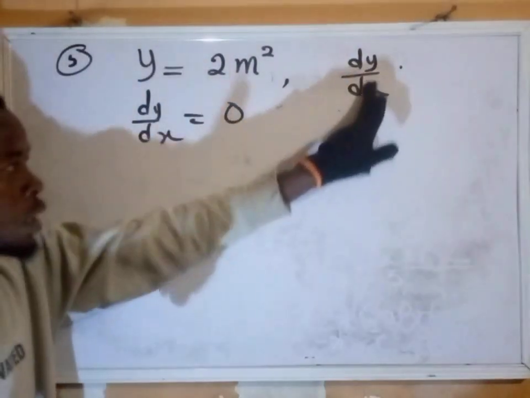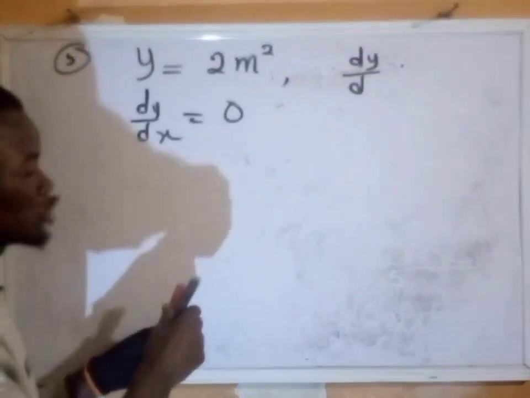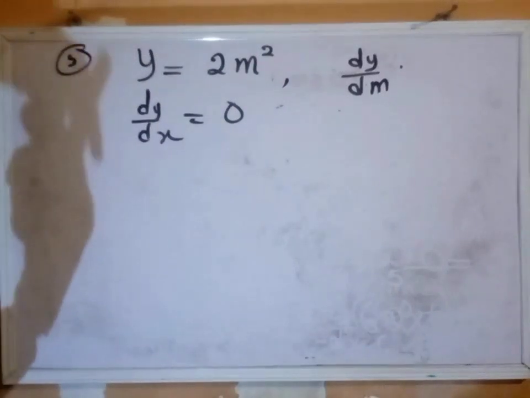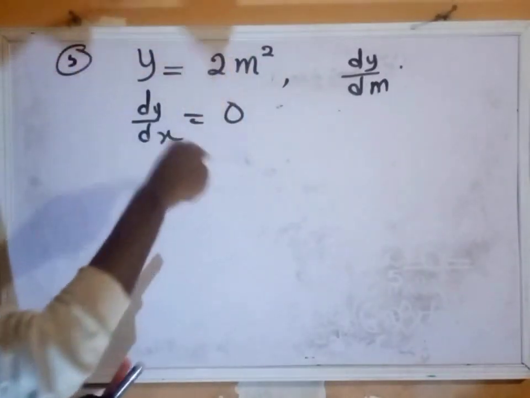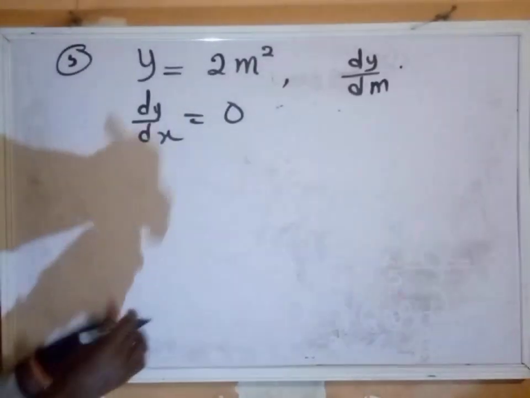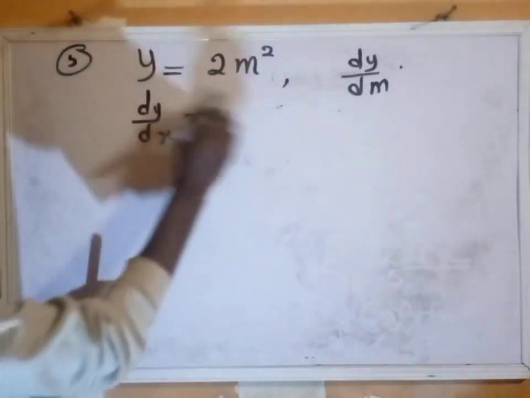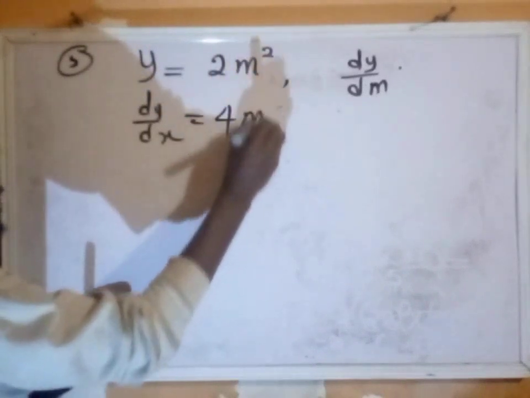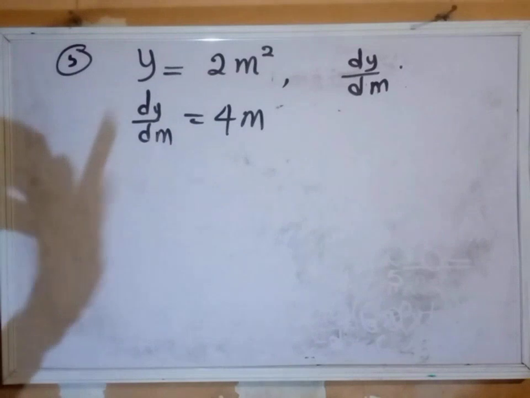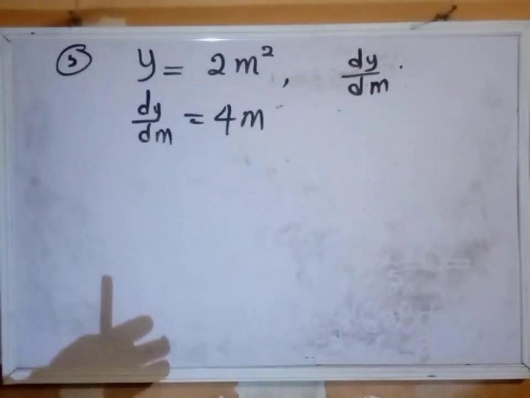But if I change this one to m, this is differentiable now, because we have m here and we are asked to differentiate with respect to m. So with respect to m, this becomes 4m, and you change this one to m as well. So dy/dm equals this.